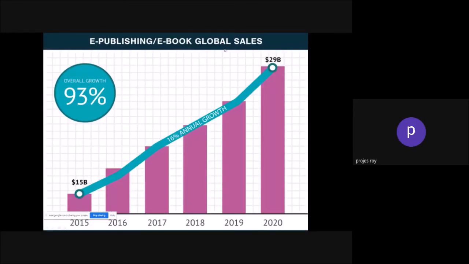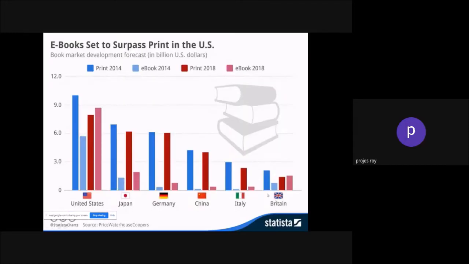Coming to e-publishing, e-book global sales from 2015 to 2019, $29 billion, 16% growth. The overall growth, if you find, is 93% from 2015 to 2020, within 5 years of time. Look at the strategy, the usability of e-books, how it suppressed the print. In the United States, in 2018, printed book and e-book have claimed higher.